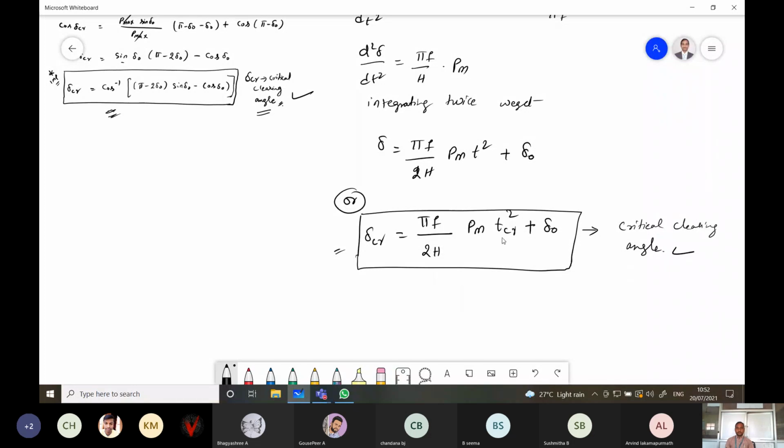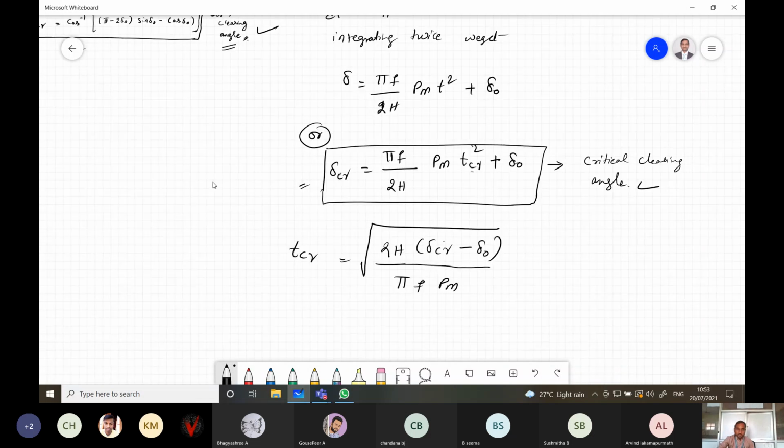So I want the critical clearing time. Take TCR outside from this. TCR square is there, so if you take only TCR, we will get the square root of 2H into delta CR minus delta naught, divided by pi f into Pm.